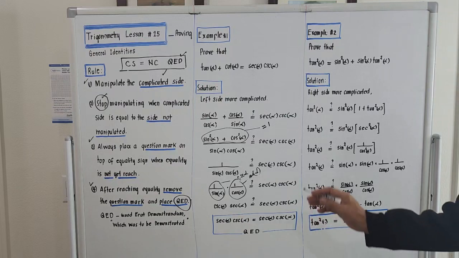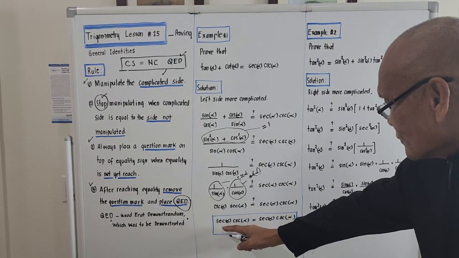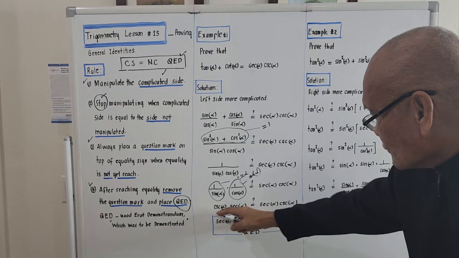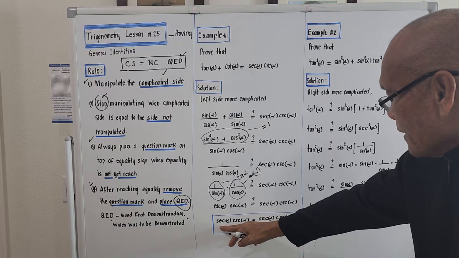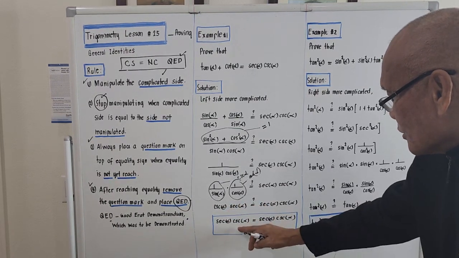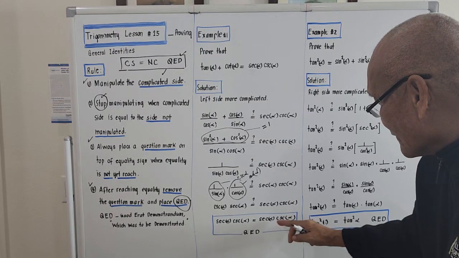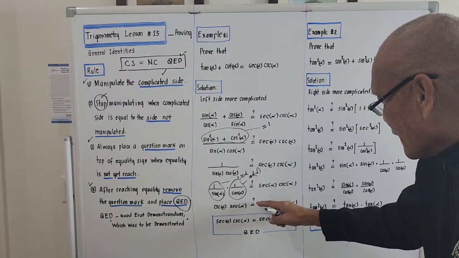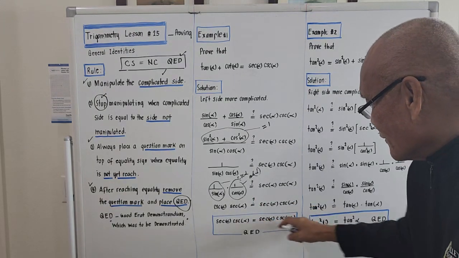Rearranging terms on the left hand side, we rewrite first secant of alpha. Anyway, the operation is multiplication, so we could interchange the location, right? So secant of alpha times cosecant of alpha is now equal to secant of alpha, cosecant of alpha. We remove the question mark, since they are now equal.